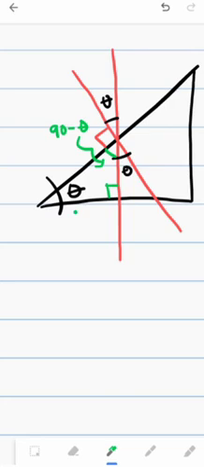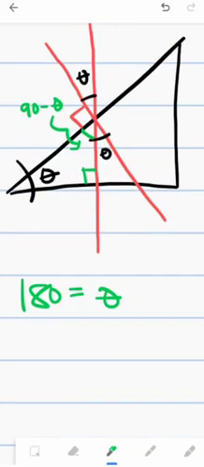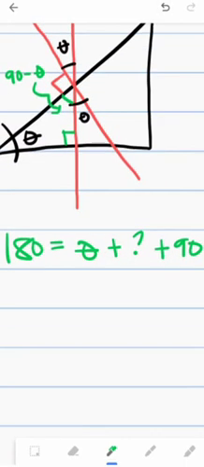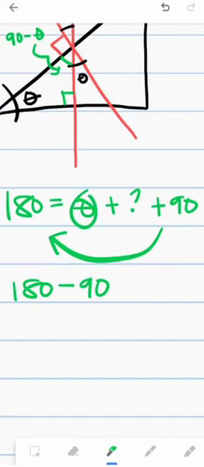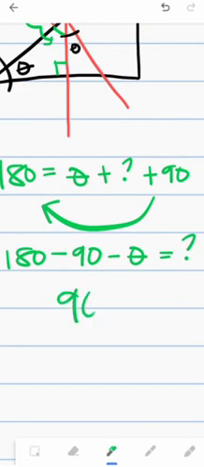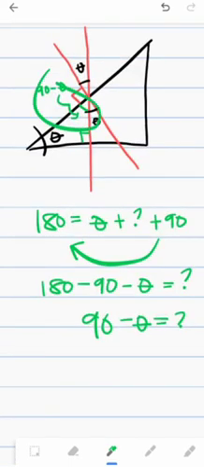So if this is theta, this is 90, then what's left would be 90 minus theta, right? If we write that, 180 is equal to theta plus this angle, let's say that's the unknown angle, plus 90. If we transpose this, it will become 180 minus 90 minus theta is equal to the unknown angle, and thus 90 minus theta is this angle right here.